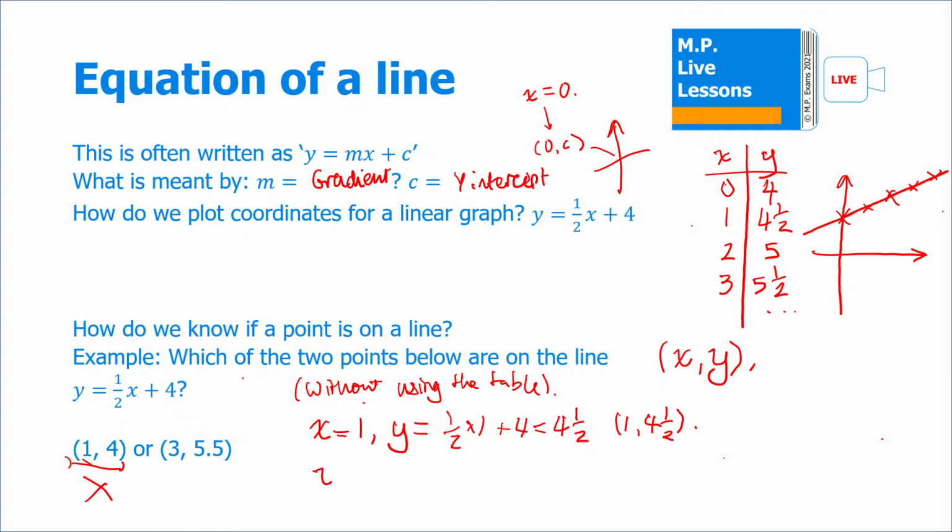And if we check with x is 3, y would be 1/2 times 3 plus 4. So this would be 4 plus 1.5. This gets us 5.5. So the coordinate (3, 5.5), that's on the line.